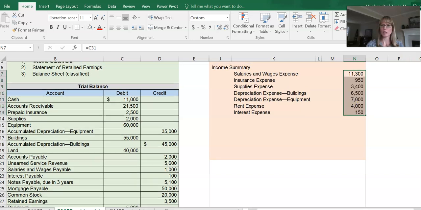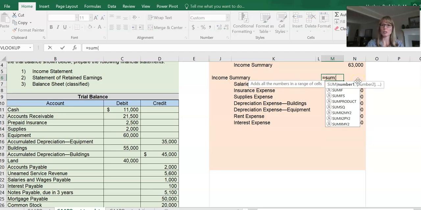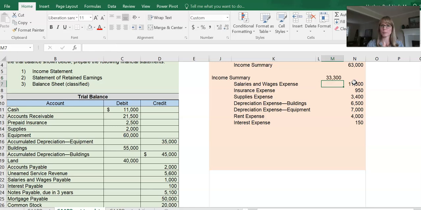And then we transfer that total amount into income summary. So I want a debit in income summary equal to the total amount of all of these expenses. So I debit income summary for $33,300.